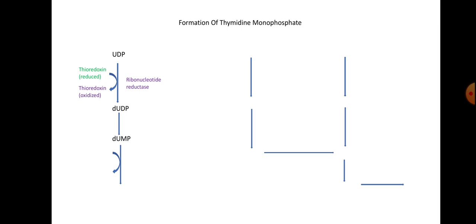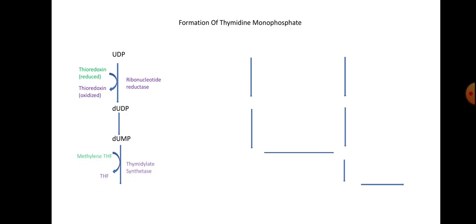If we remember it, our thymidine will have, the pyrimidine ring will have an extra methyl group on the fifth position carbon.